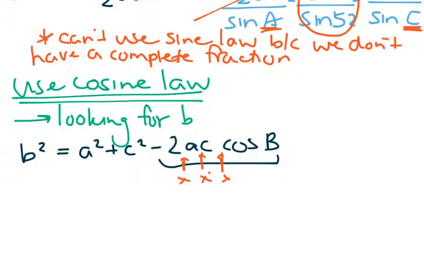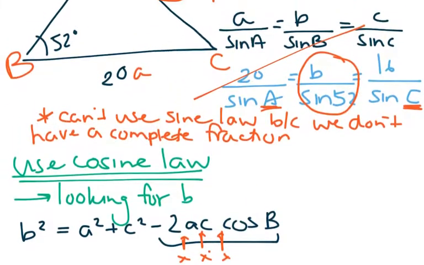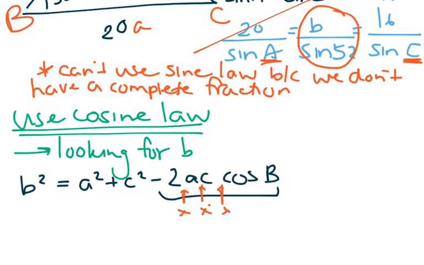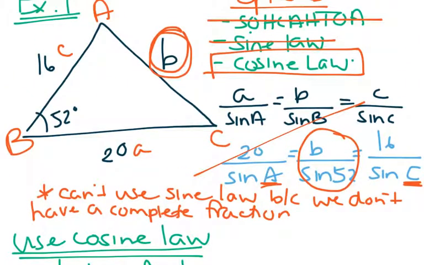So now what we're going to do is we're going to plug everything in. So we're going to use our triangle. I'll just keep on going back up and down. Little b we do not have, so I'm going to write b squared equals little a, we know is 20, and little c is 16.